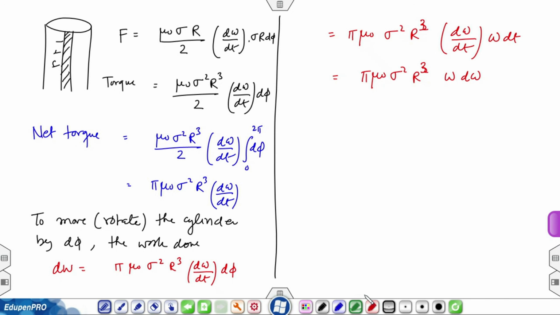And therefore, the total work done is pi mu 0 sigma square r cubed times the integral from 0 to omega f of omega d omega.